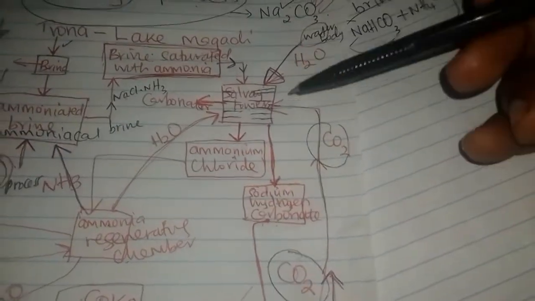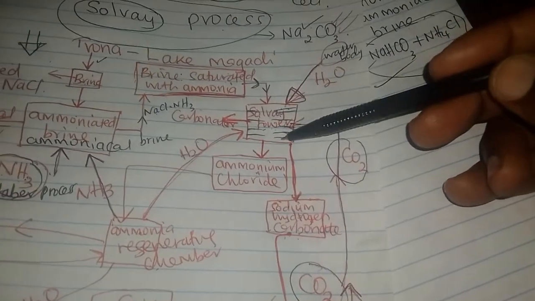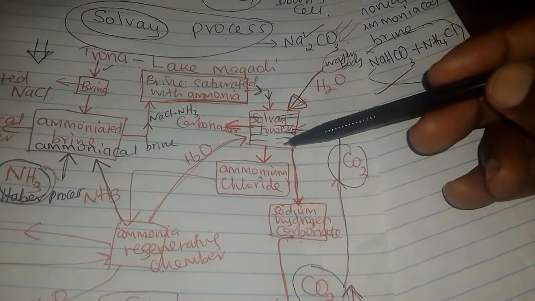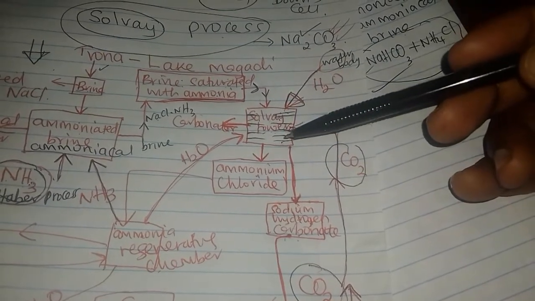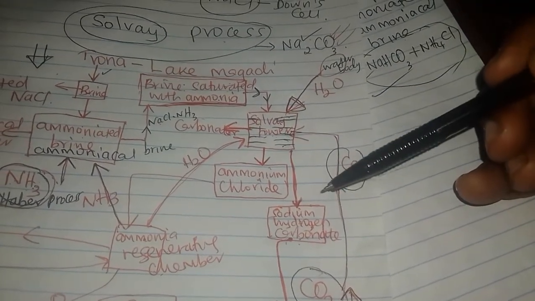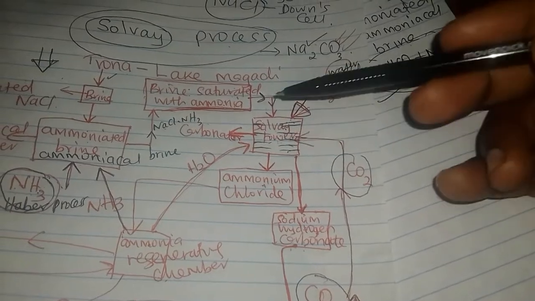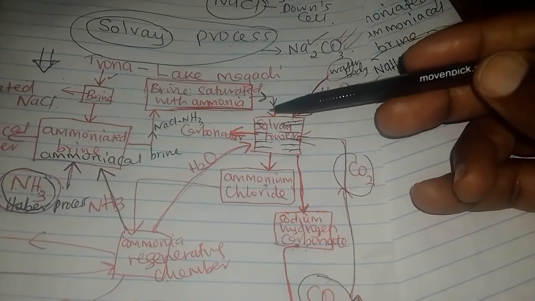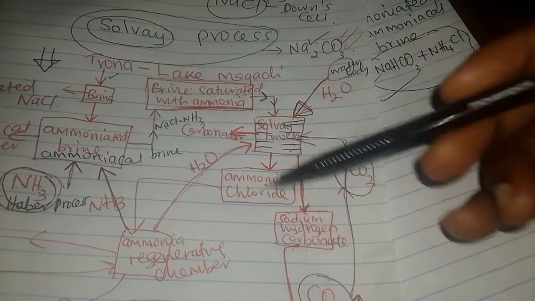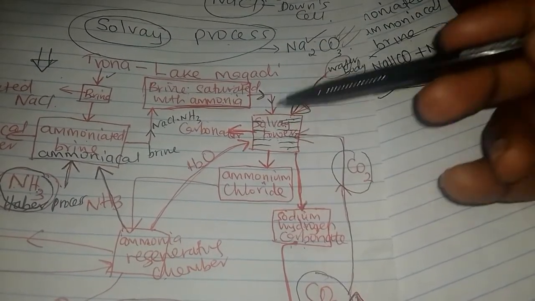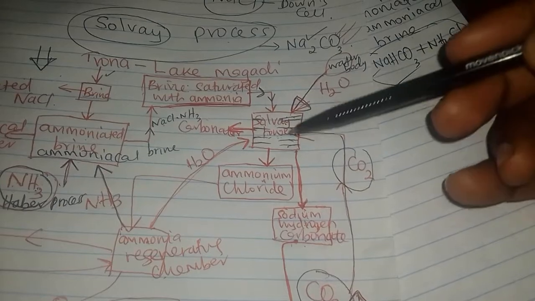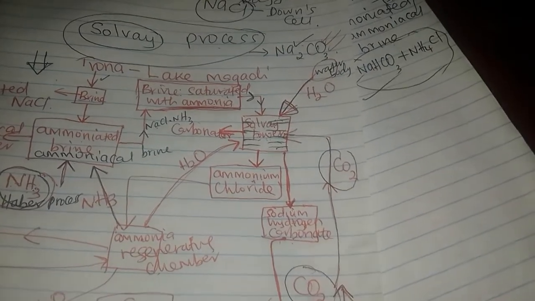Something to note. I introduced these lines here to show how the Solvay tower or the carbonator has what you call shelves. It is shelved to slow down the movement of the ammoniated brine, allowing more time for the reaction to take place, more time for the ammoniated brine to combine with water and carbon dioxide.